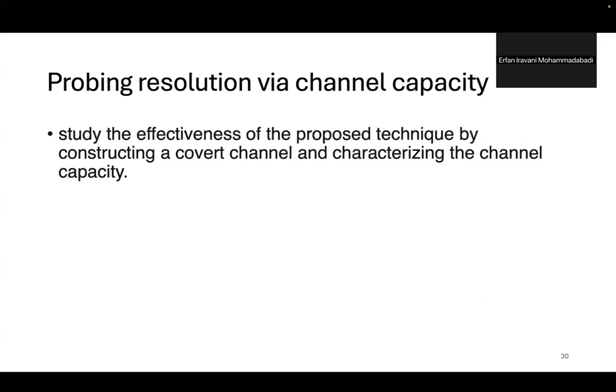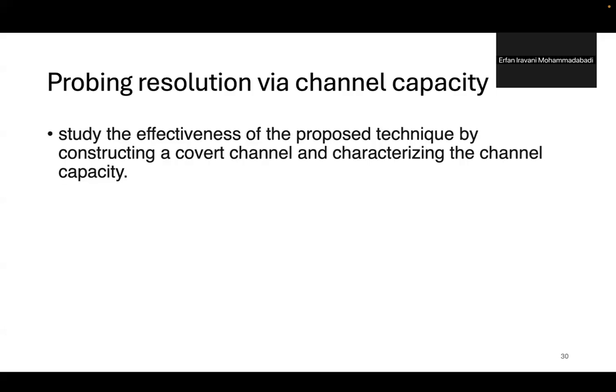Okay, so a covert channel is basically an unintended communication channel that allows two processes to exchange information in a system that enforces security restrictions. In this context, they are leveraging cache-based side channels to establish a covert communication.